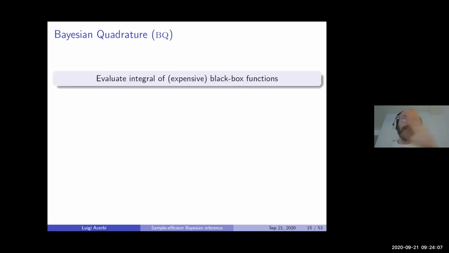And finally, this is just very high level. Bayesian quadrature is a technique to evaluate integrals when you have a black box function that you want to integrate. This is an integral in which you want to compute Z, the integral of a probability distribution times the function we want to integrate over some space.